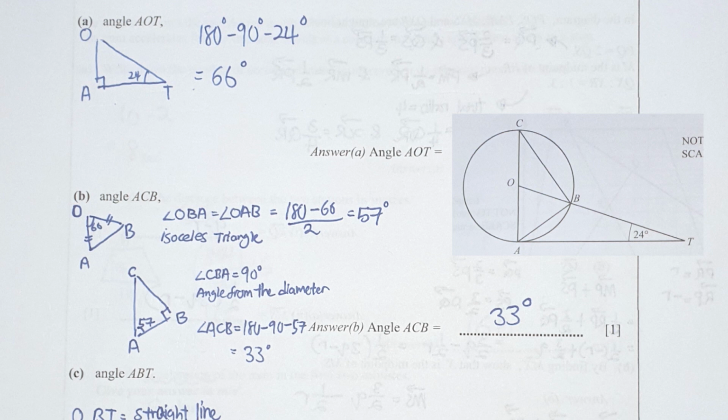So you have CAB's result as 57 and ABC's angle value as 90 degrees. The reason being, it is an angle in a semicircle from the diameter. To find ACB's value, simply take 180 minus 90 minus 57 and you get the result as 33.